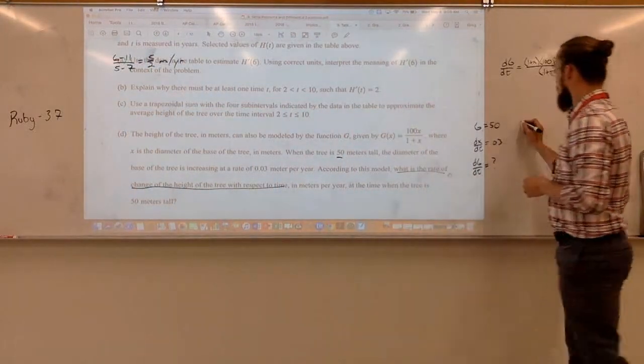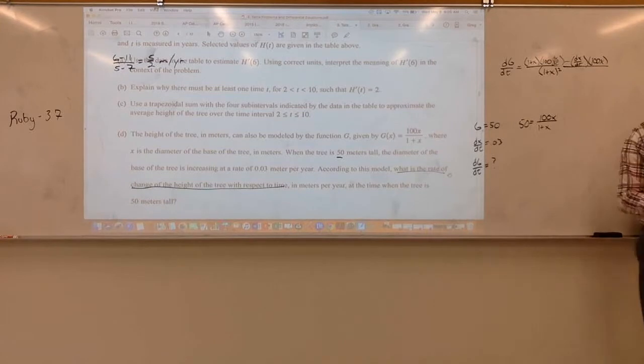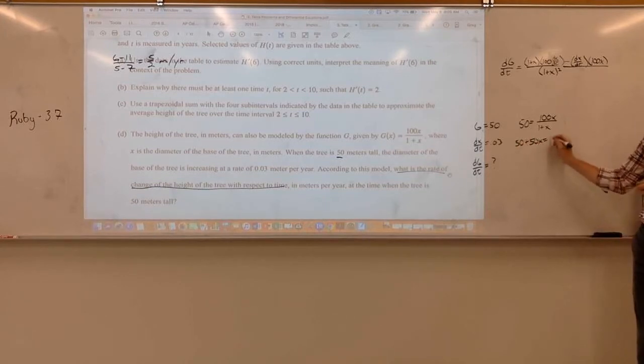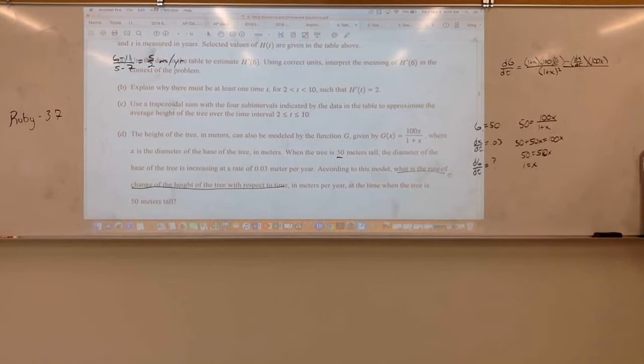So if I say 50 equals 100x over 1 plus x, well, I can multiply my 1 plus x over. So I would have 50 plus 50x equals 100x. Subtract the 50x over. Divide by 50. We get that x is equal to 1 at this moment.